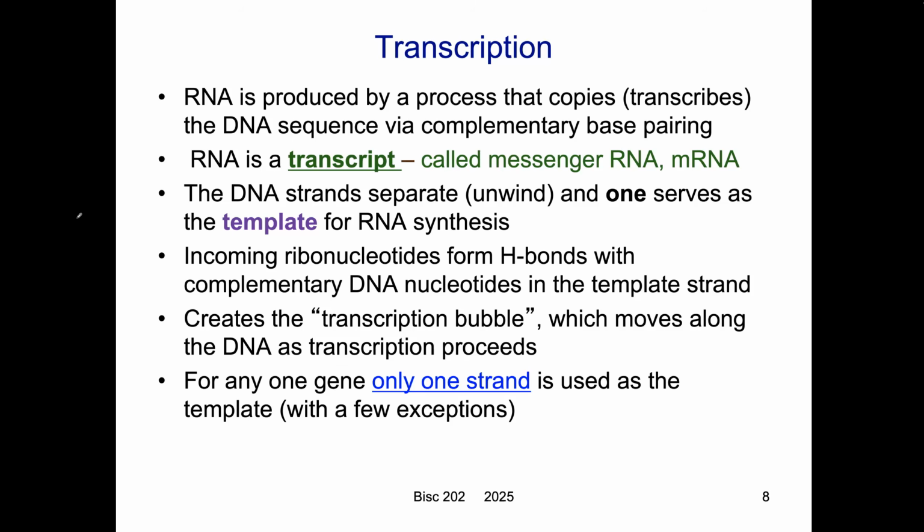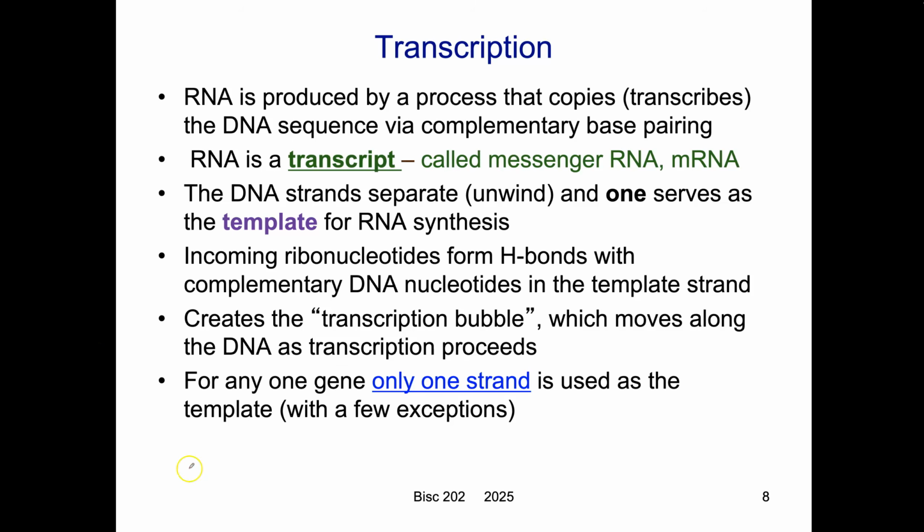But in this case, just one of those strands is going to serve as the template, the DNA that gets copied for RNA synthesis. Incoming ribonucleotides bind to the DNA nucleotides on the template strand. So if you've got an A on the template strand, there's going to be a U on the RNA strand that's being made. And if the next one is a C in the DNA, then a G is added, and so on.